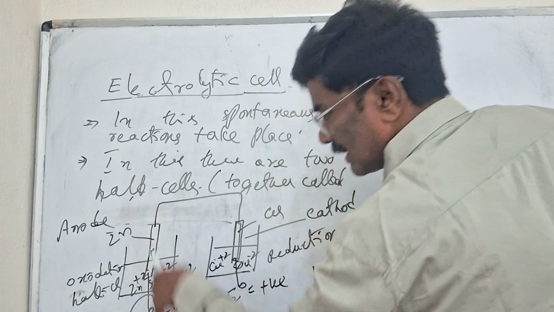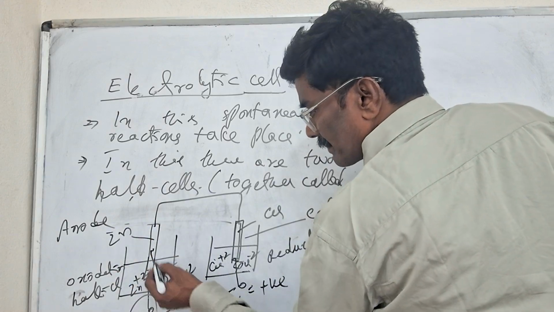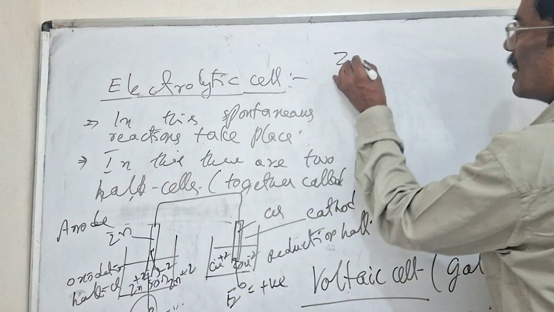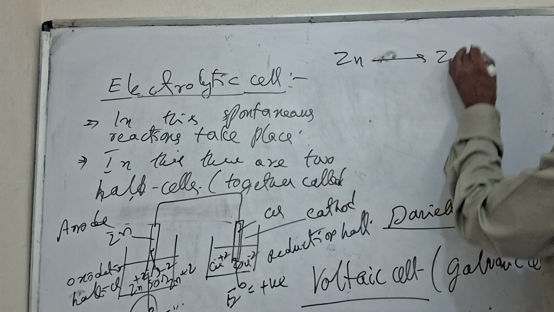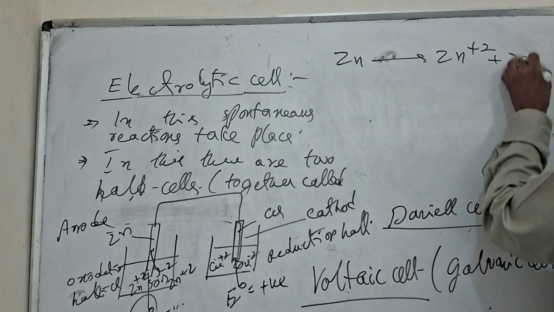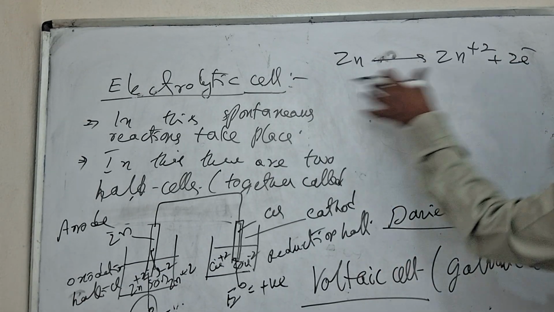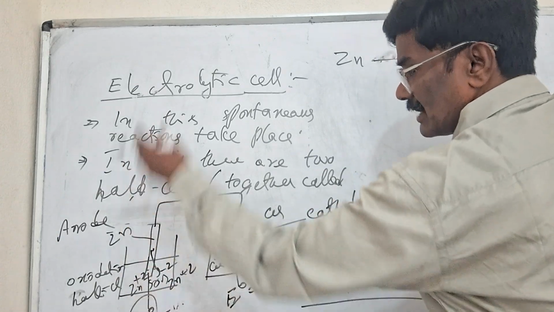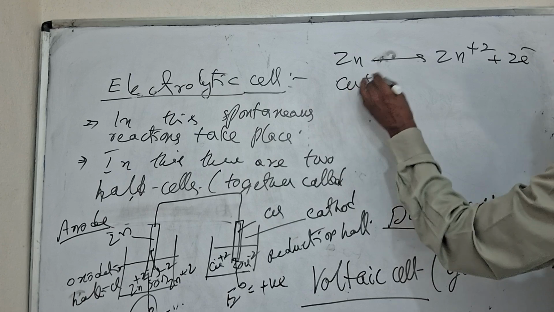When Zn loses 2 electrons, it becomes Zn+2. This is an oxidation reaction. On the left side oxidation takes place, so that is called the anode.